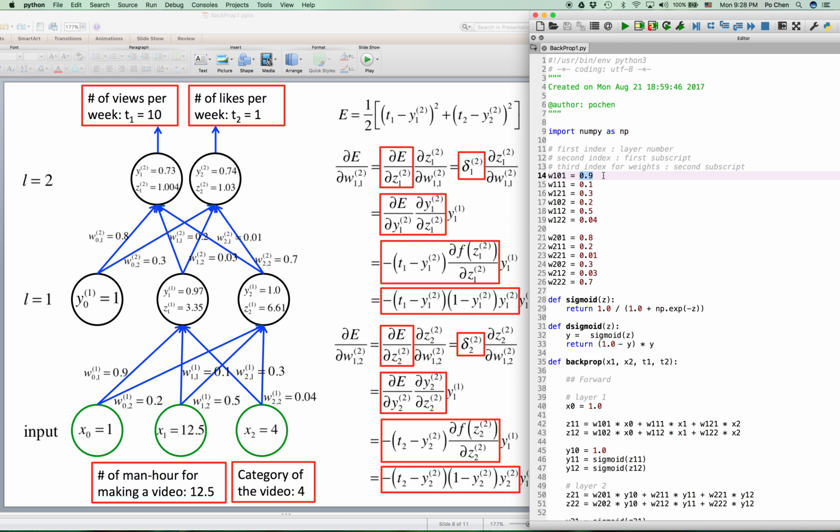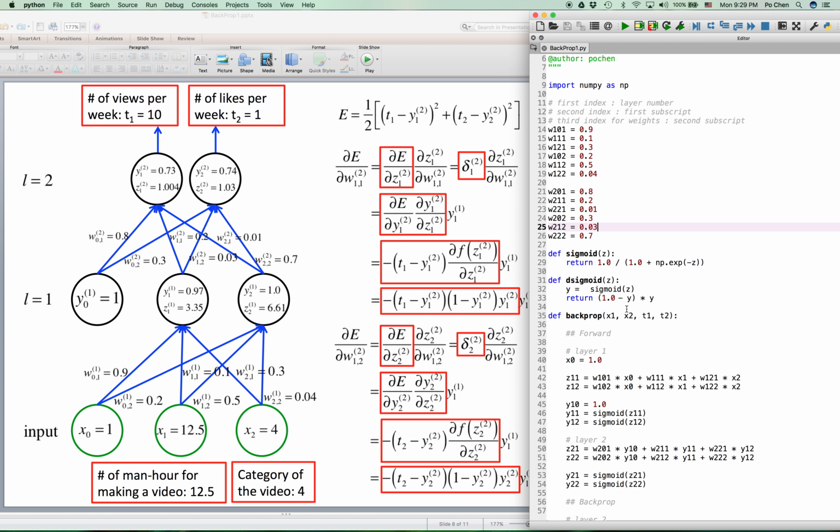It has value 0.9. And then W122 has a value of 0.04. All values correspond to the values displayed on this particular figure. If you compare, say, W221, that has a value of 0.01.